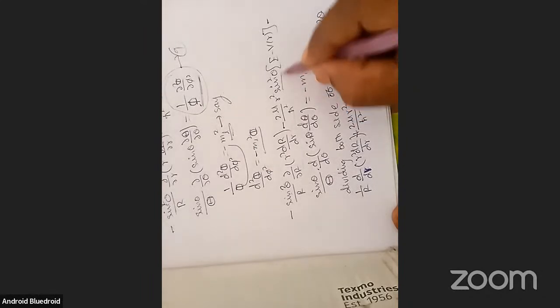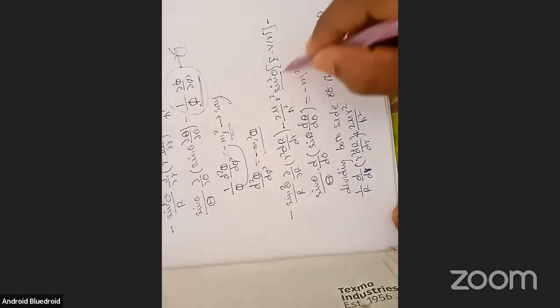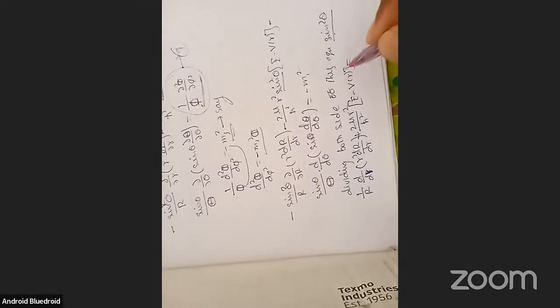Here also sin square theta cancels because we are dividing. The remaining is 2 mu r square by h bar square into E minus V of r, equal to minus m square by sin square theta, dividing here also by sin square theta.